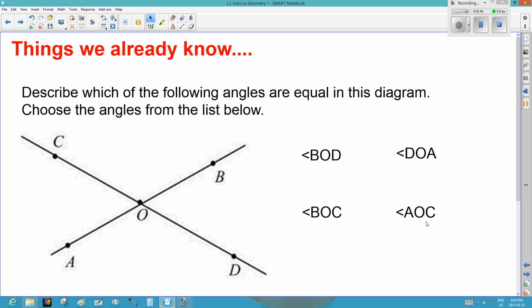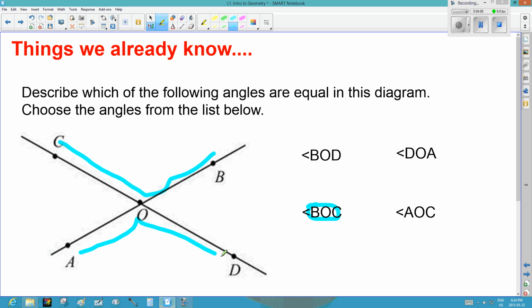You should already be able to also look at this diagram and choose the angles that are equal. So again, here we go. We have COB, or BOC. It doesn't really matter how you name it. And AOD.